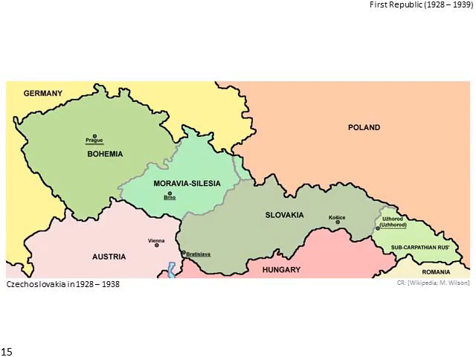Meanwhile, by the 13th century, independent Bohemia had developed into a kingdom to which was attached Moravia and eventually Silesia. The three of them then became what is called the Czech lands.